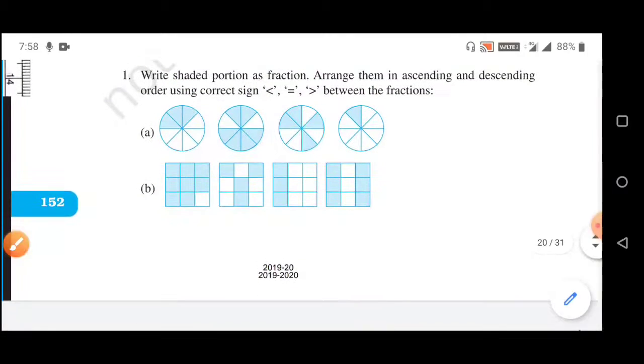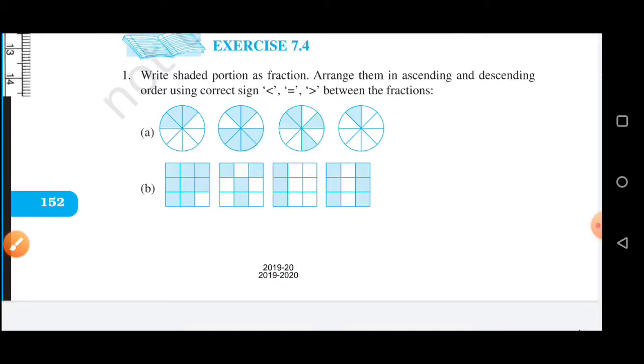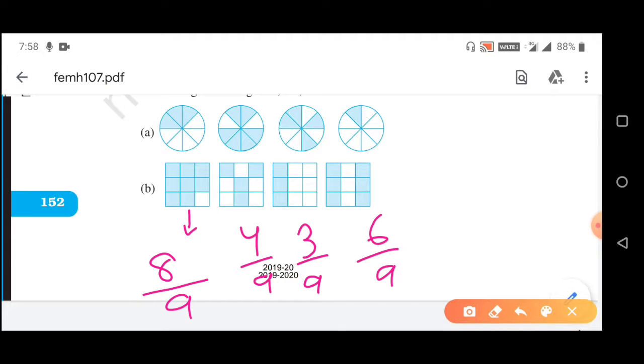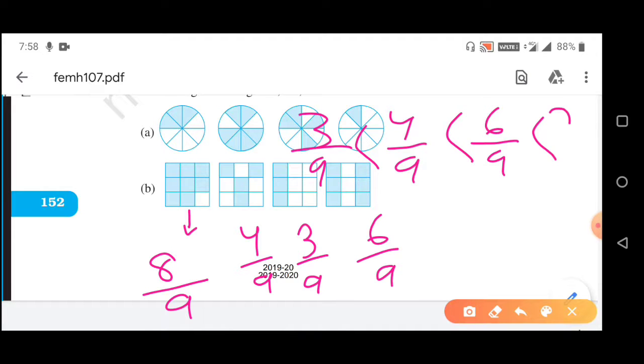The next one, question number B. The shaded portions, the fraction of this will be 8 by 9. This one will be 4 by 9. This one is 3 by 9 and this one is 6 by 9. Ascending order will be smaller to greater. Smaller is 3 by 9, then a bit greater is 4 by 9, then a bit greater is 6 by 9, then greater is 8 by 9.